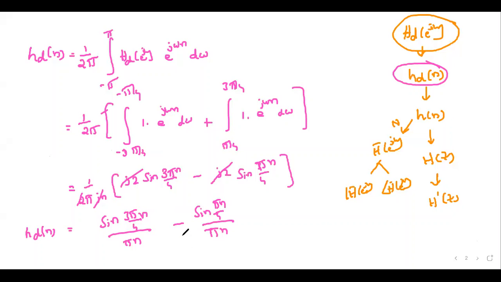Here, to apply the limit theorem directly, n equal to 0 is undefined. When you apply sine theta by theta, only then it will be equal to 1. So to make the numerator theta equal to the denominator exactly, I should add an extra 3/4. To compensate that, I should make it 3/4 in the denominator.